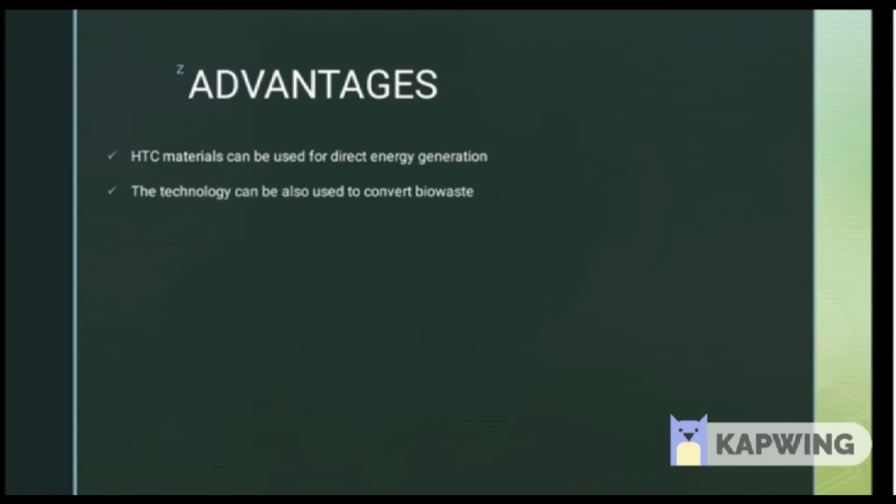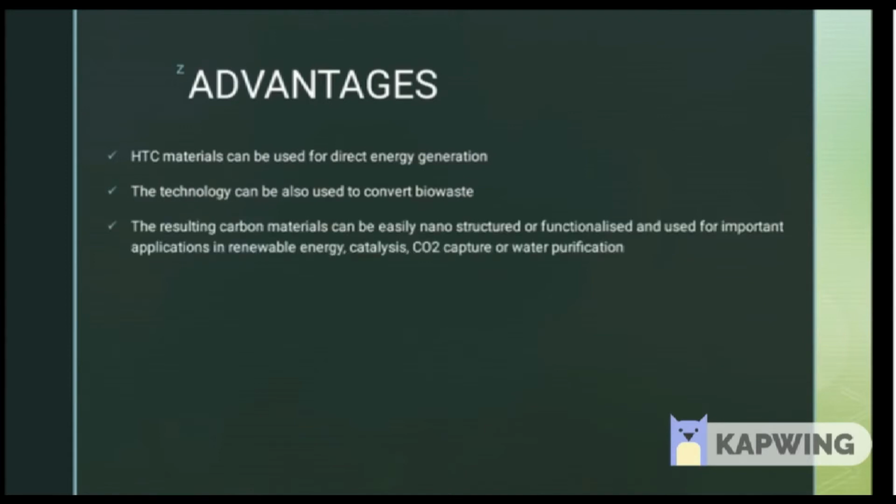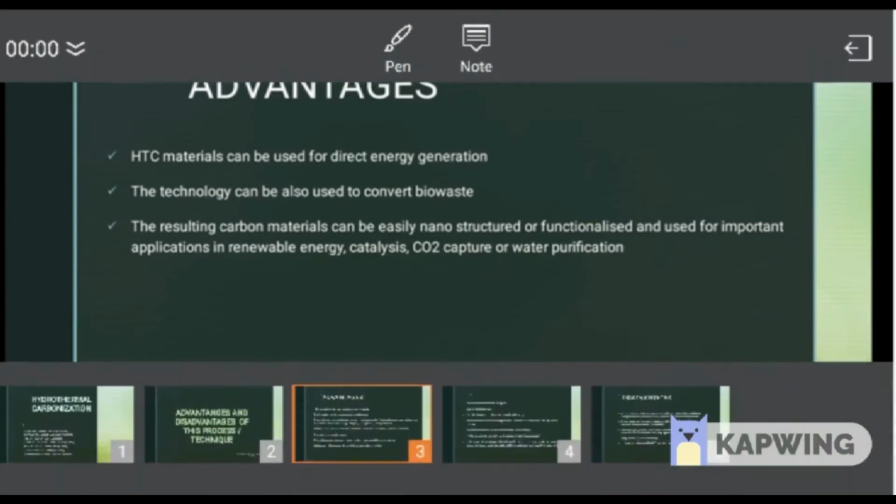Second, the technology can also be used to convert biowaste, which is from the municipal stream, into useful carbon materials. Third, the resulting carbon material can be easily nanostructured or functionalized and used for important applications in renewable energy, catalysis, CO2 capture or water purification.